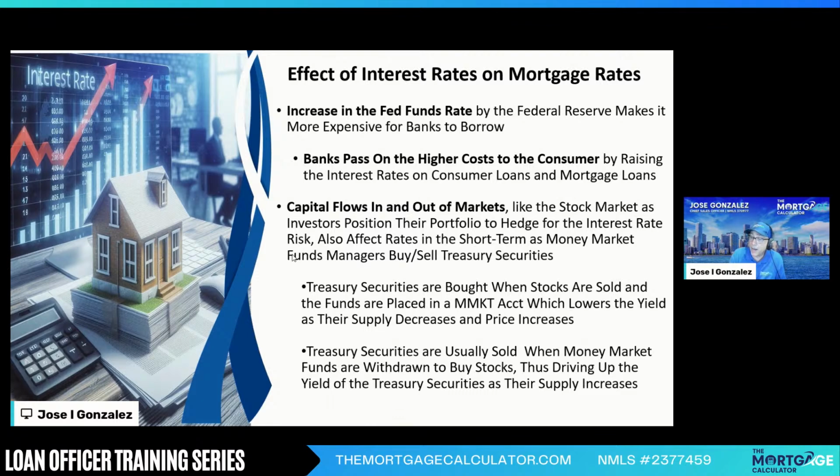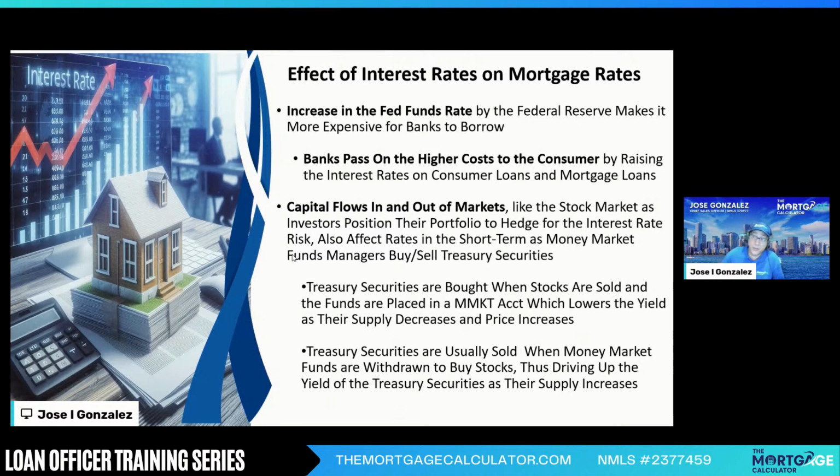There's a decrease in supply of treasury securities, and that's going to increase the price and decrease the yield on the treasury security. So again, there's an inverse relationship there, and understand how the capital flows in and out of markets will affect the treasury securities, and that effect will also trickle down to the mortgage rates, because essentially, as the treasury securities increase in yield, the mortgage rates will increase, especially the 10-year.